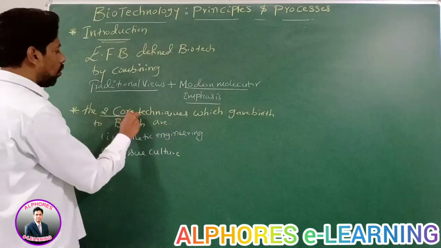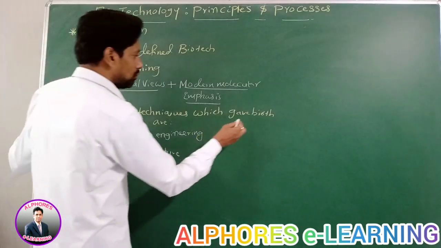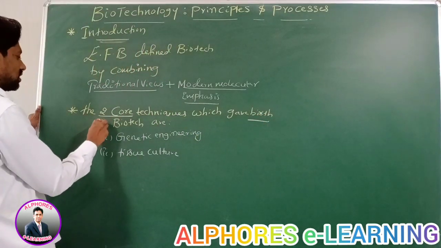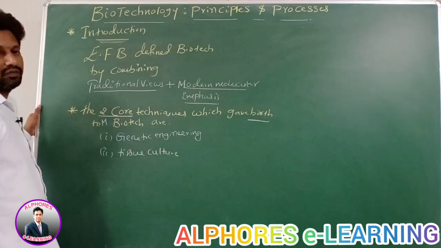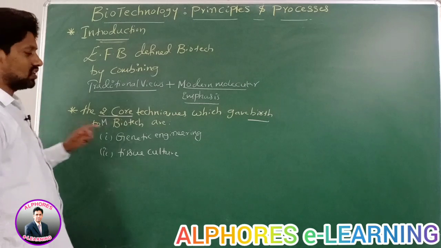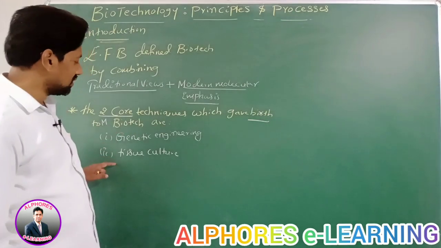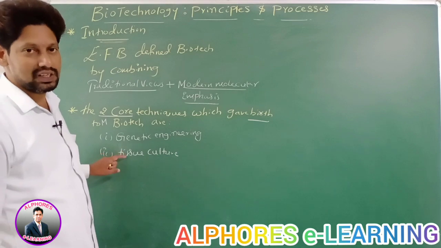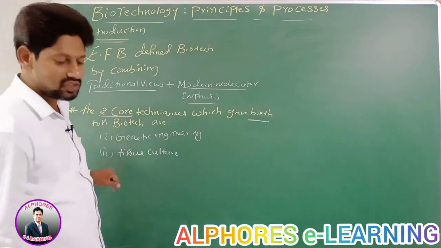Therefore, the two core techniques which gave birth to modern biotechnology are genetic engineering and what is the second one, sir? Tissue culture. Genetic engineering and tissue culture. Are these statements okay?